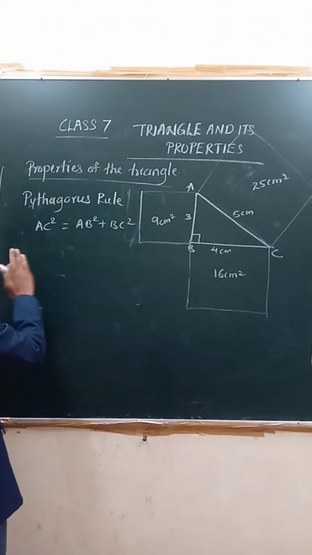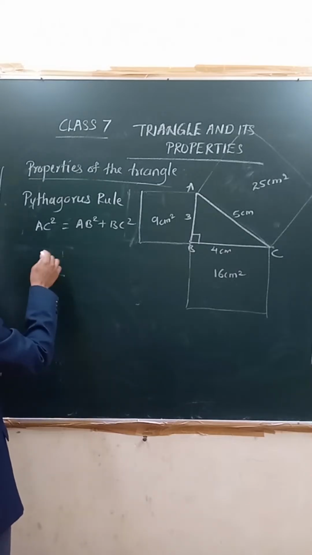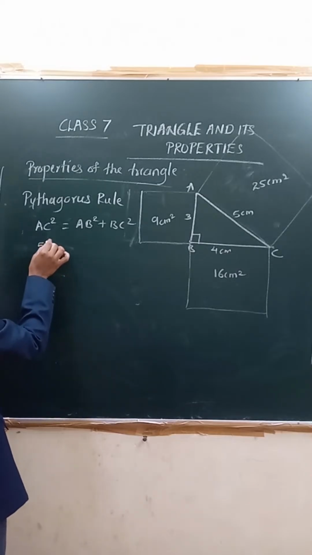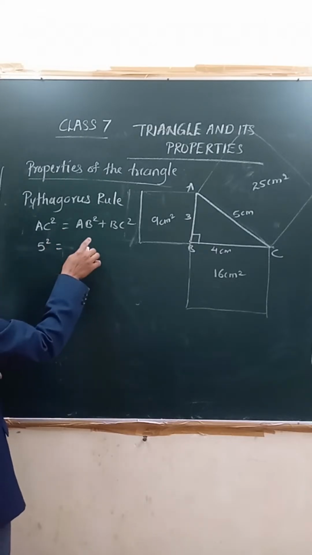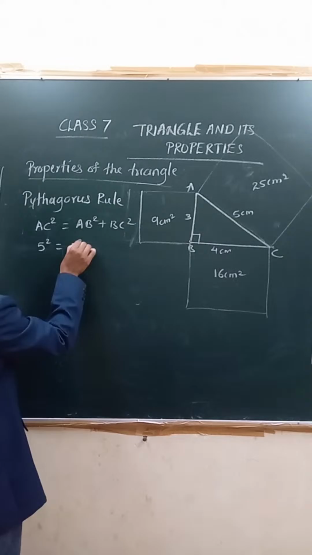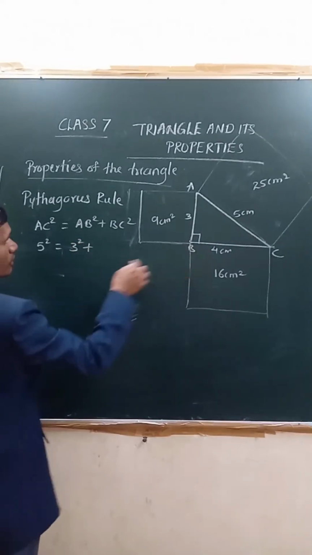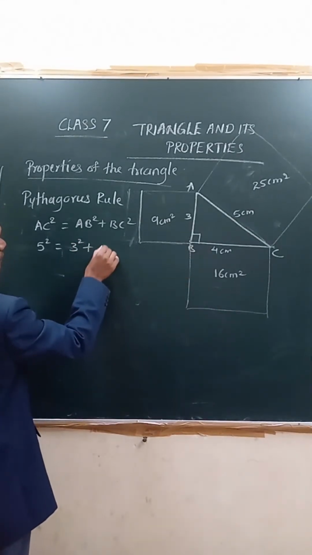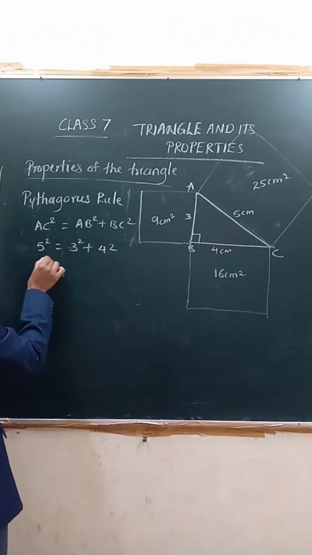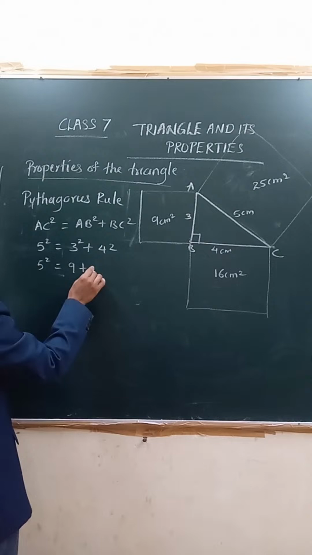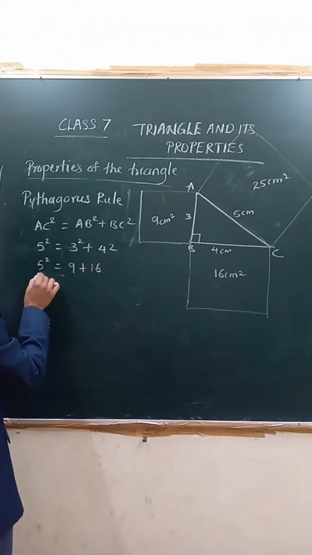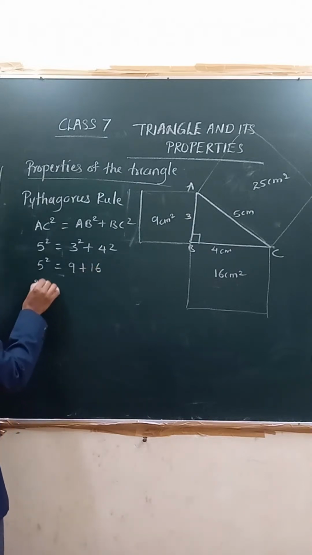If you take this according to the Pythagoras rule, AC is what? 5. 5 square means 5 into 5. Remember, 5 square is equal to AB square, which is 3 square, plus BC square, which is 4 square. So 5 square is equal to 3 square, which is 9, plus 4 square, which is 16. Right? 5 square is 25, or not?